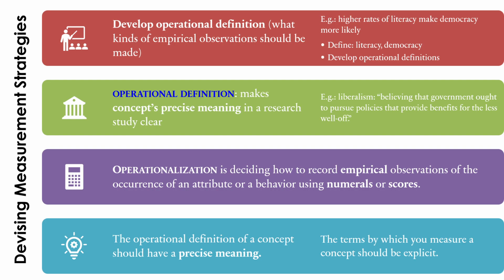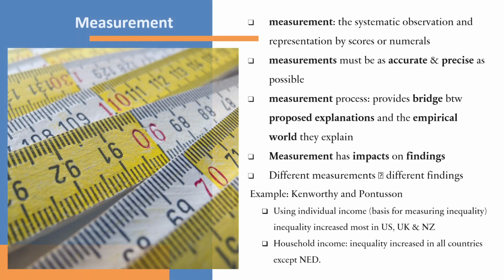We talked about the accuracy of measurements, how measurements need to be as accurate and precise as possible. So you also want to use the proper measurement tools. If you measure the length of a book using a kilometer or using Google Maps, that is probably not a very effective or good measure.